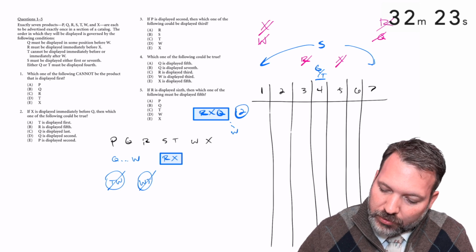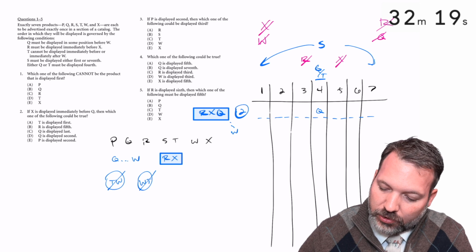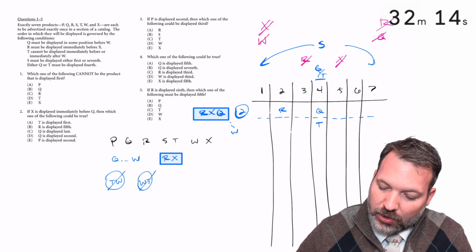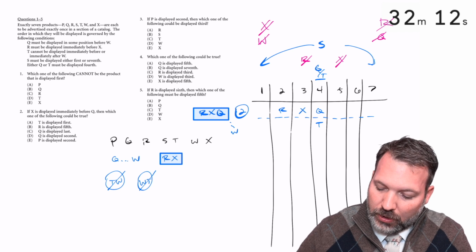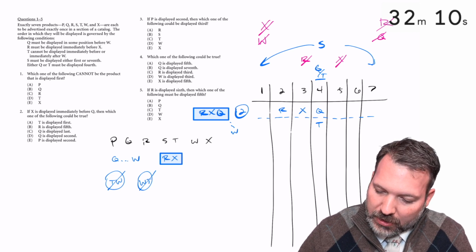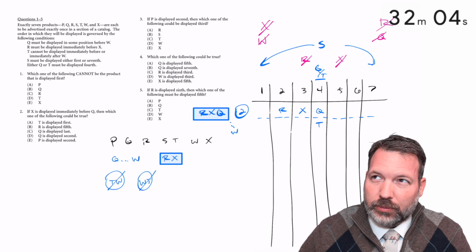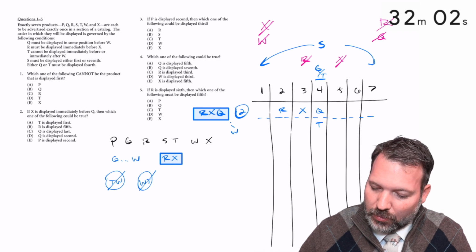I think what I'm going to try is just to immediately go to this QT clue and see what happens. Because obviously if it is Q, then I know where R and X go. I know W has to be sometime later, but I don't necessarily know where. I know I can't put T and W next to each other. Okay, actually there doesn't seem much else there.